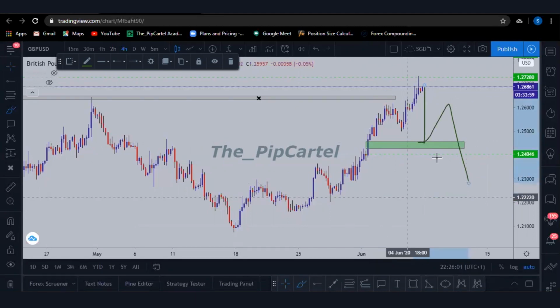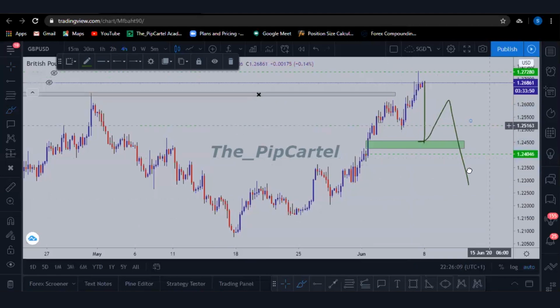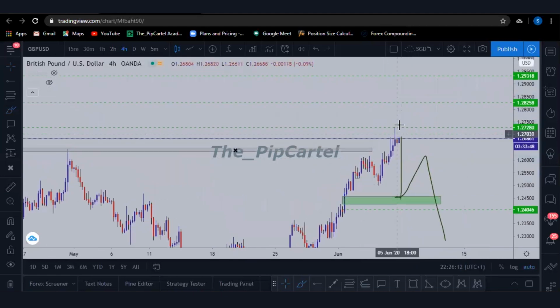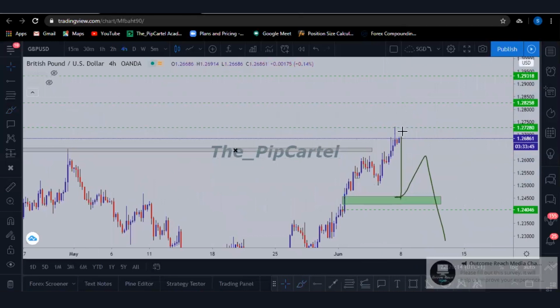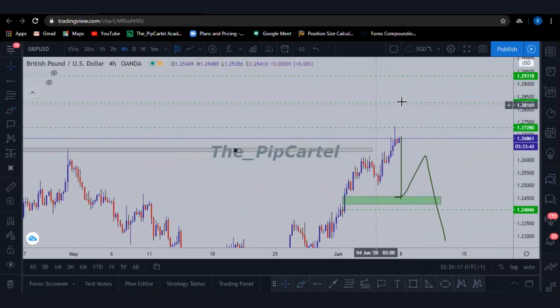So one of two is actually going to occur, but number one is what I'm most expecting: price to drop from where it is right now, right? So this is actually the number one entry right here, and this is the zone where I'm expecting price to pass from.